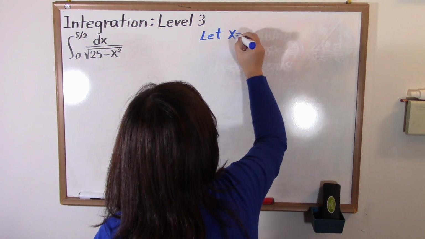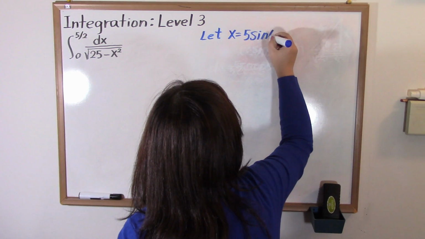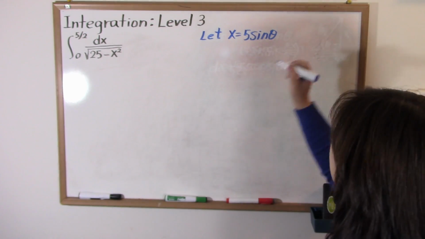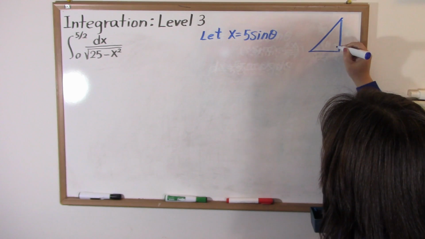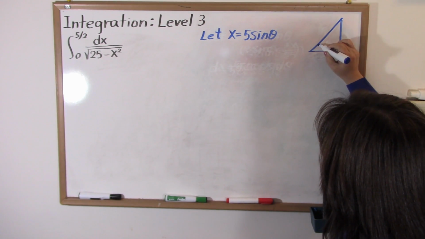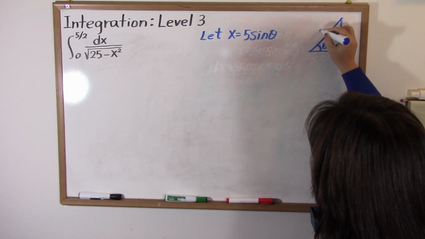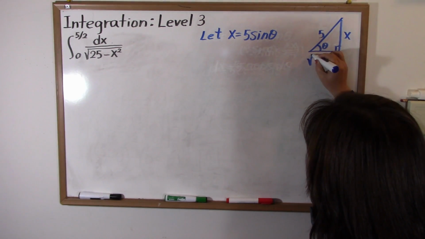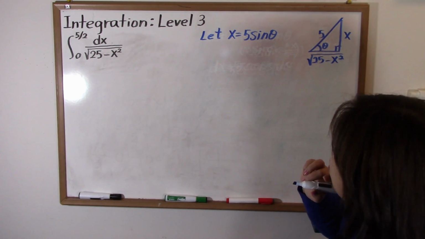x equal 5 sine theta. This is the point. So, I'm going to draw the figure over here. This is a right triangle, and this is theta, this side is 5, this side is x, and this side is the square root of 25 minus x squared.